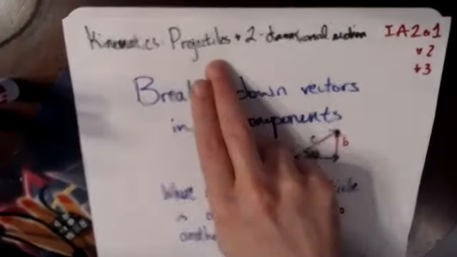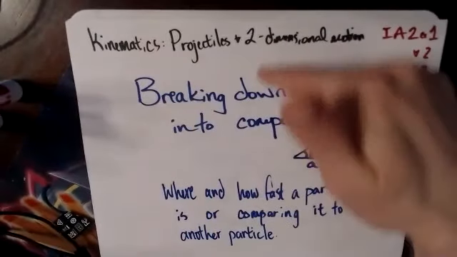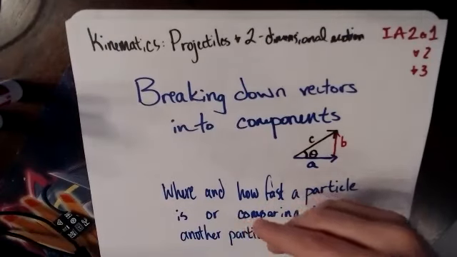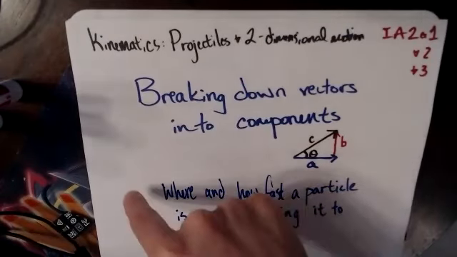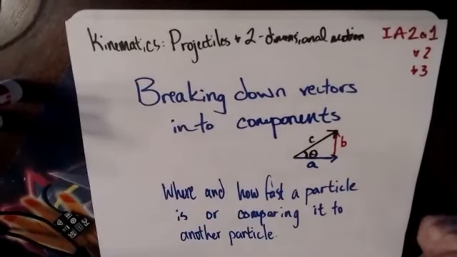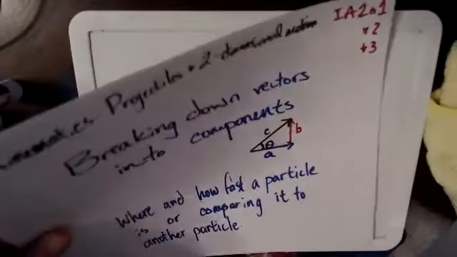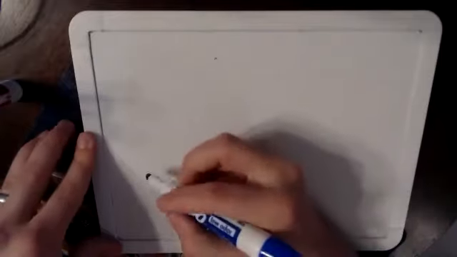When it comes to projectiles, you need to know that it has a constant acceleration up and down of -10 or 10 down or -9.8, and it has 0 acceleration horizontally, and that allows us to understand which approach we need to use. Oops, there go my markers.